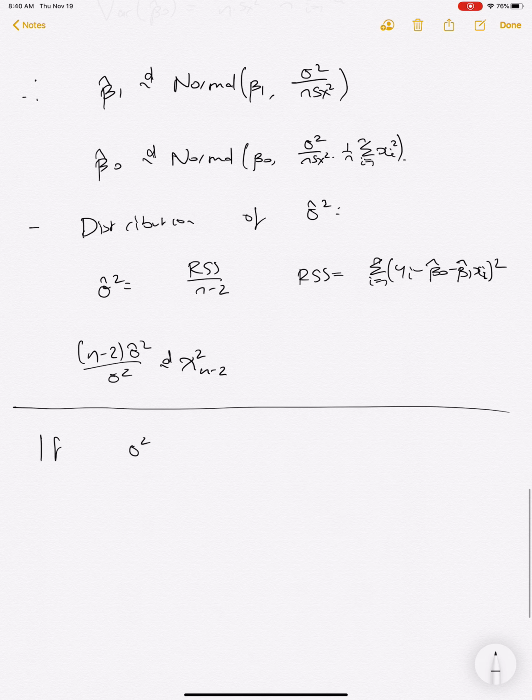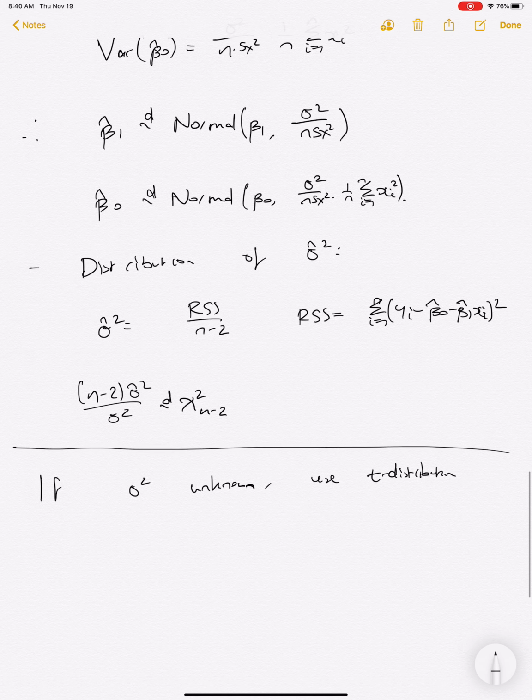And so this result's also really useful because if sigma squared is unknown, how do we deal with that typically? When we're dealing with a normal distribution, we can use the t distribution because we know that sigma hat squared has a chi-squared distribution.